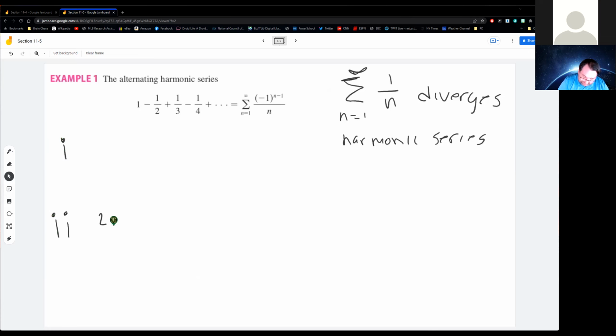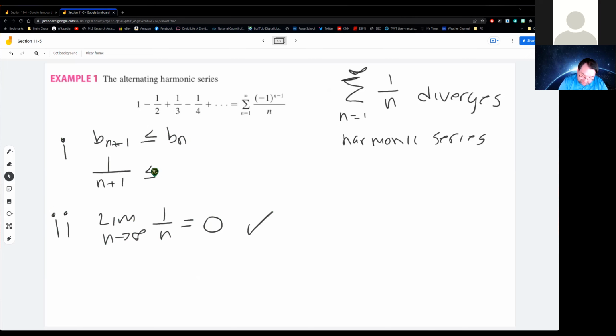If I do the limit as n goes to infinity of 1 over n, that does equal 0. So it passes criteria 2. Criteria 1 says b to the n plus 1 has to be less than or equal to b to the n. So I have 1 over n plus 1 is less than 1 over n. And that is also true.